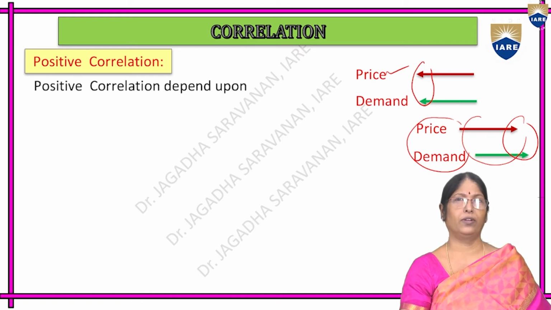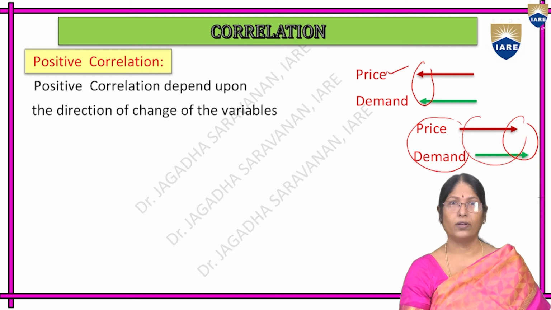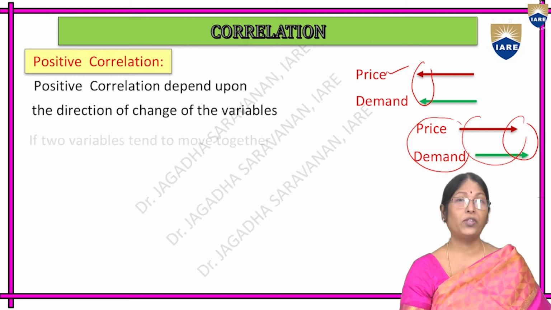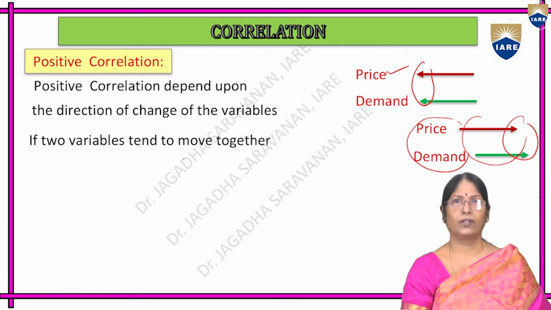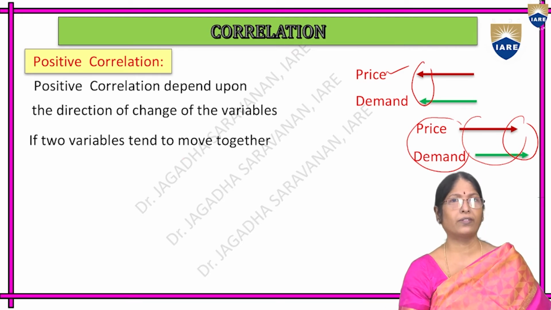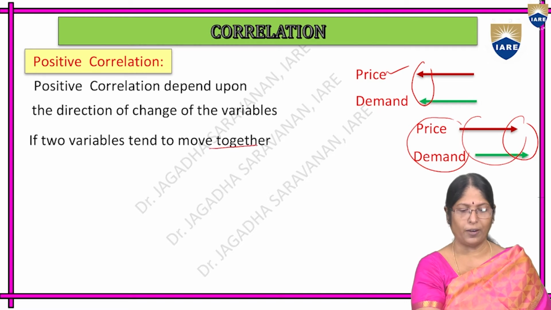Positive correlation depends upon the direction of change of the variables. If two variables, that is our price and demand, price let me take X, demand I will take Y, they are moving together. That is a very important point.